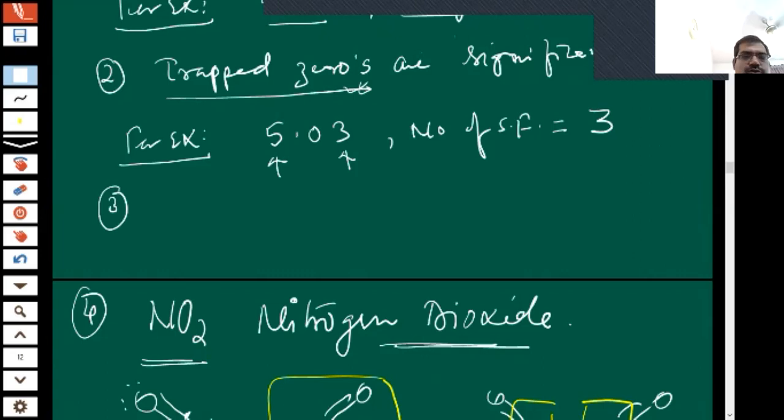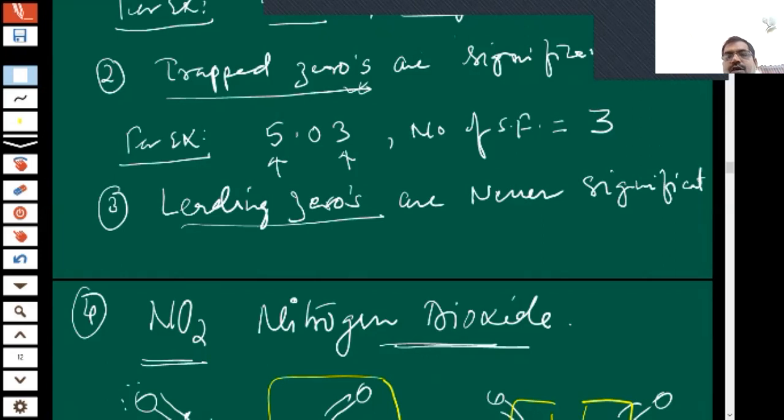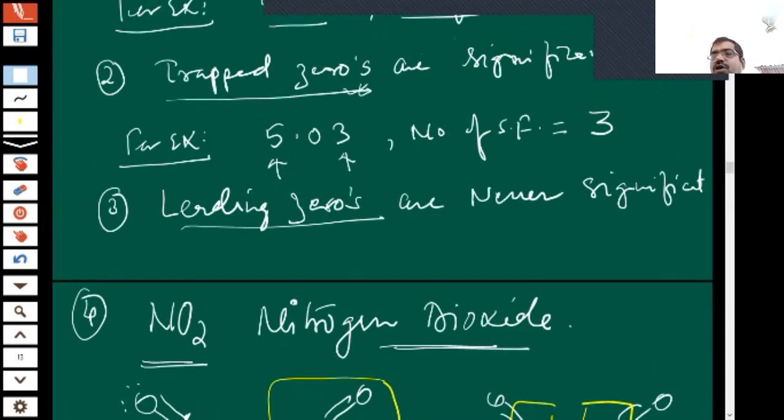Then leading zeros. Okay, so leading zeros, children, are never significant. Leading zeros means the zeros which are in left hand side, children. Number is started with 0 0 0 like this.